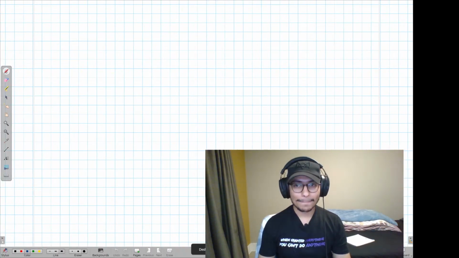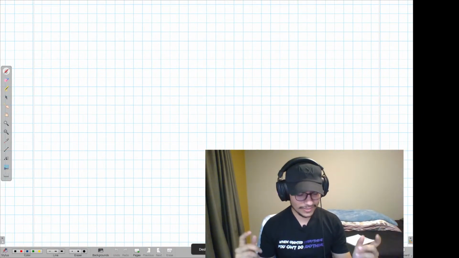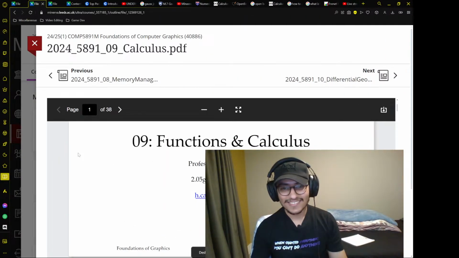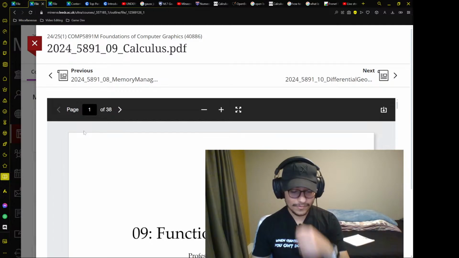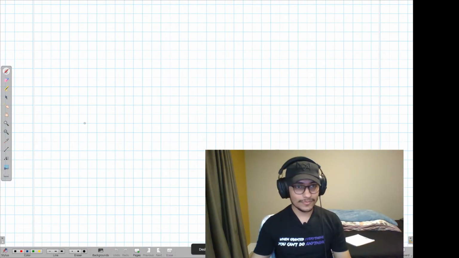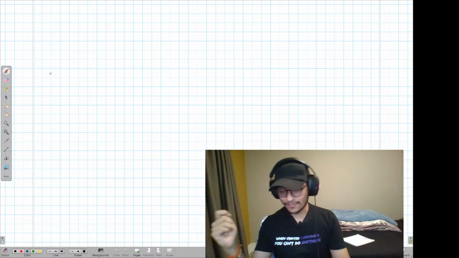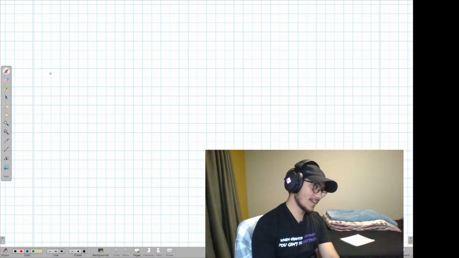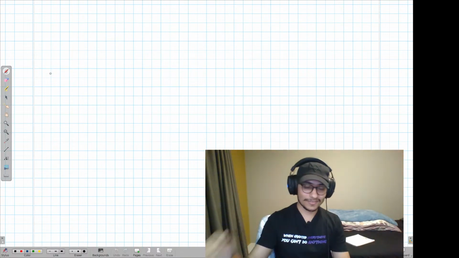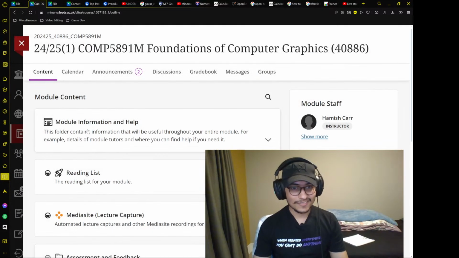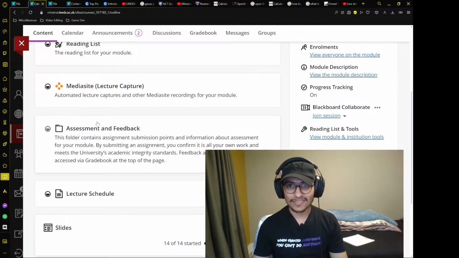So, where was I? We were at differential geometry. To get to 3D space, we first need to understand how we define a curve. And this is where it gets tricky.